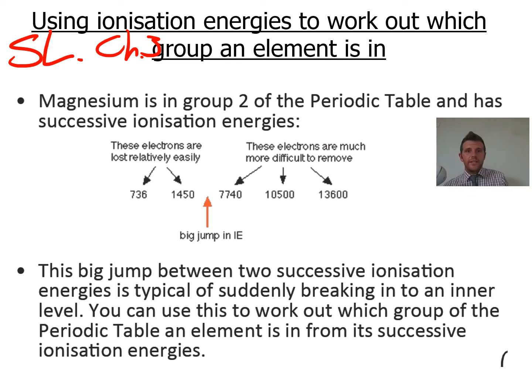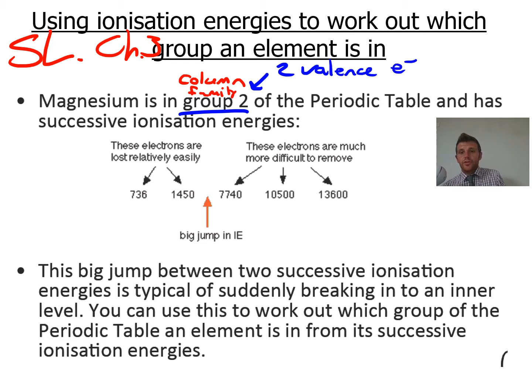So magnesium is in group 2. That's a fancy way of saying column or family 2 on the periodic table, and it has successive ionization energies as such. Remember that if something's in group 2, that means it's got 2 valence electrons, which should be relatively easy to lose, like we see here.